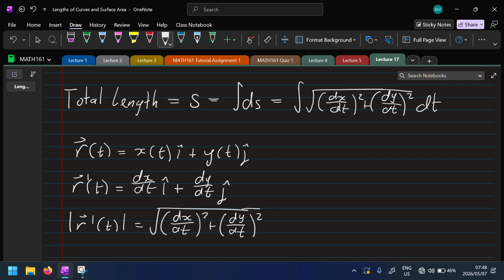Okay. So that's just the speed. That's just the length of the velocity vector. That's the speed. So over here, the length is just the integral of the speed, which we know from before, right? You integrate the speed, you get the length.